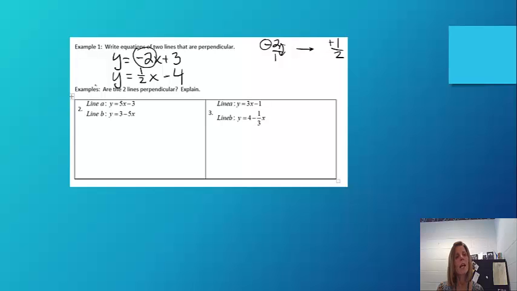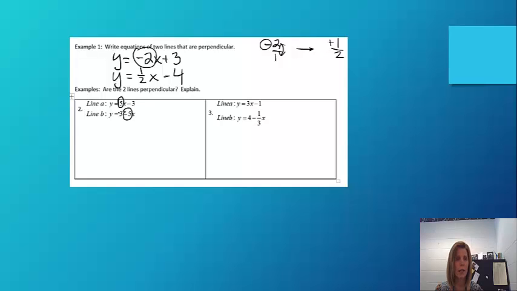Okay, so if we look at recognizing whether two lines are perpendicular, we need to compare their slopes. So for number 2, it says line A has an equation y equals 5x minus 3. And then line B has an equation y equals 3 minus 5x. First of all, I need to circle their slopes so I can compare them. Line A has a slope of 5 because it's what's right in front of the x. And line B has a slope that is negative 5.